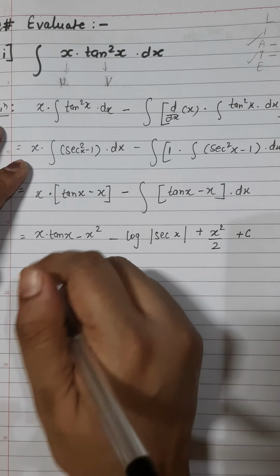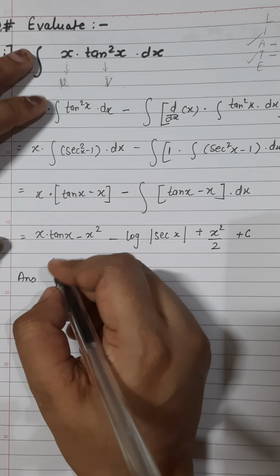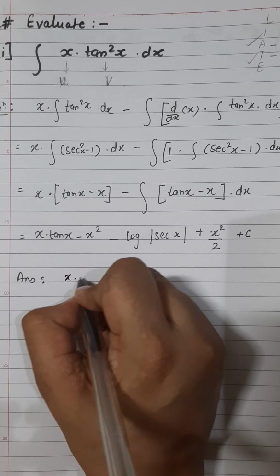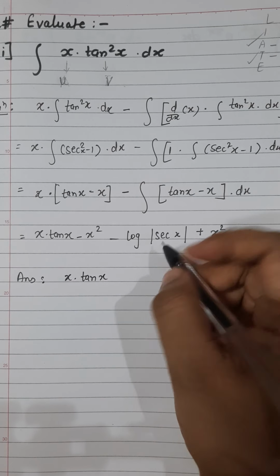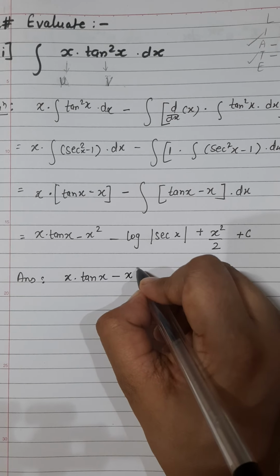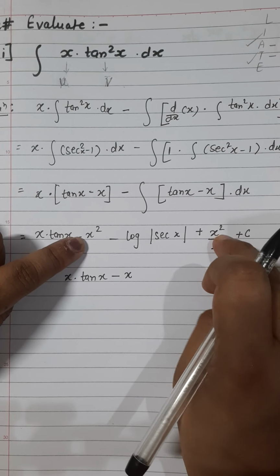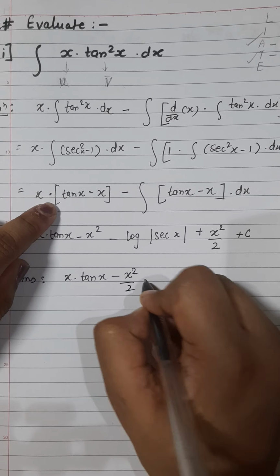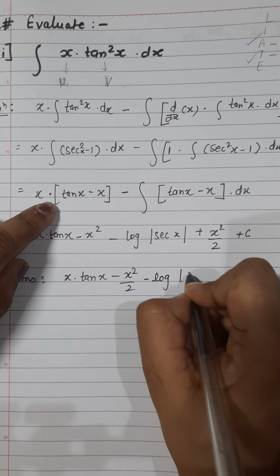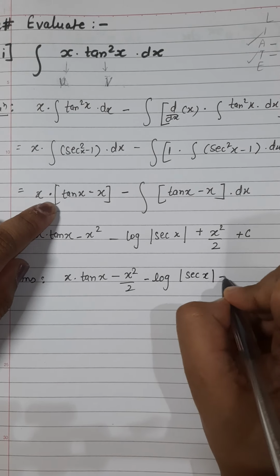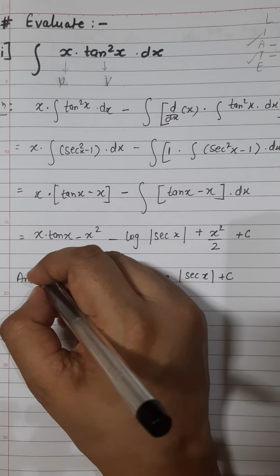Now the final answer is x tan x minus x square, okay, one minute, this is minus x square plus x square by 2, so that becomes minus x square by 2, minus log of sec x plus c. This is the final answer.